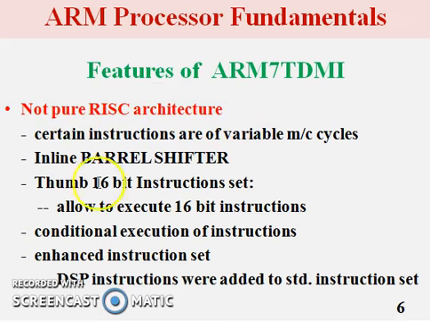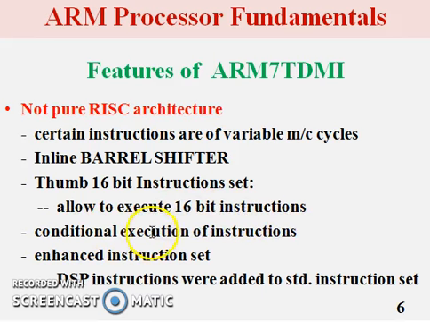The next point is that the ARM7 TDMI processor has an inline barrel shifter, and in the inline barrel shifter, whatever the arithmetic instruction is, it is already pre-processed. It supports the 16-bit Thumb instruction set to allow the execution of 16-bit instructions.